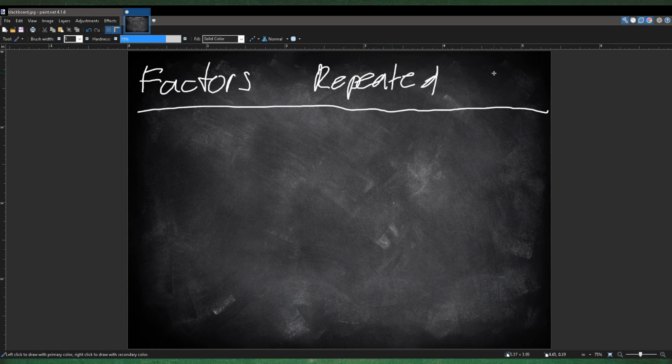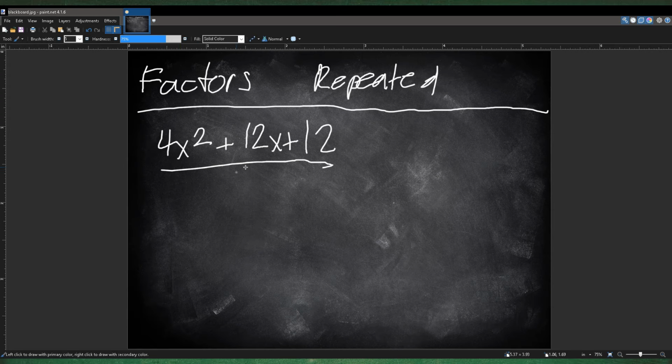In this case, let's say we have something like 4x squared plus 12x plus 12 all over x plus 3 times x plus 1 squared. What you do here is split it up into 3 sections.